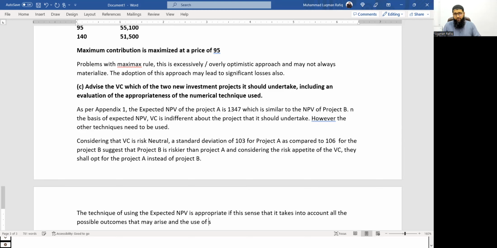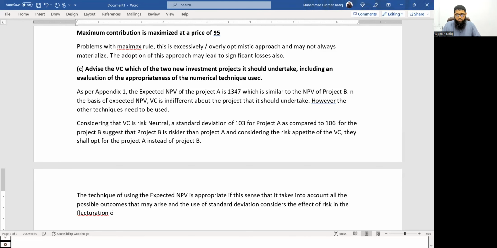And the use of standard deviation considers the effect of risk in the fluctuations of the cash flows, which has been a concern for the business in the past.